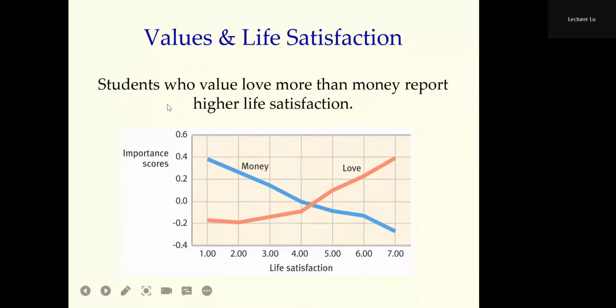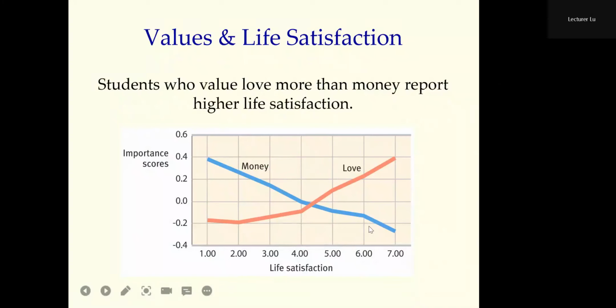Here we can see the research shows that values matter. It is a survey conducted on university students. Students who value love more than money report higher life satisfaction. We can see these two lines are completely opposite.